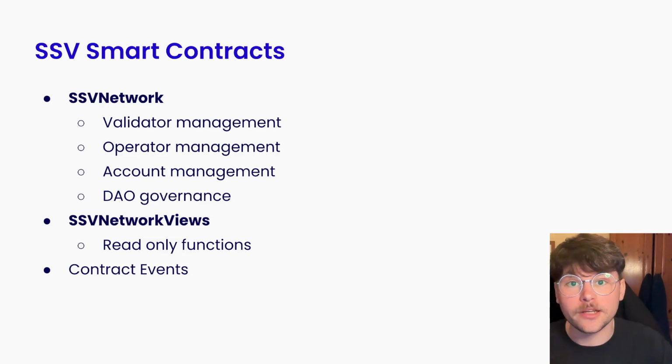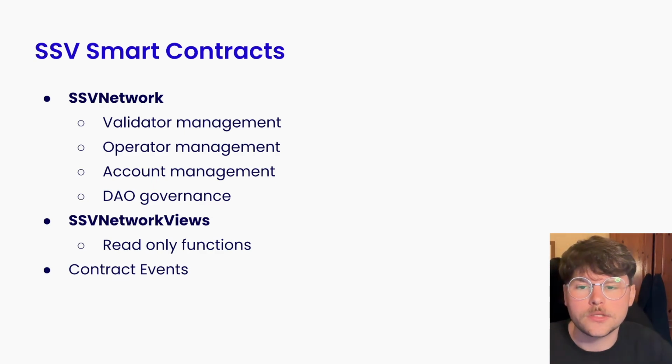So if I sign up a validator on the network, I'll have my MetaMask or something, my wallet in there, and that address that actually owns this validator is what constitutes the account. Also, we have DAO governance on this contract. So any of these decisions that are made, something like a network fee being changed, must be voted on by the DAO, and then can be put in place on the contract once there are enough votes.